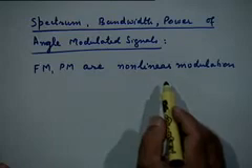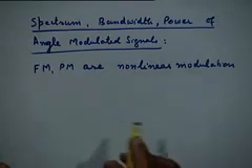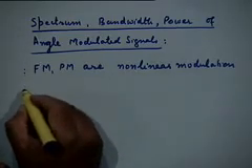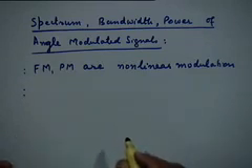So these are nonlinear modulations, and because of that, the exact spectrum calculation becomes very difficult. The message signal affects the modulated signal through the argument of the cosine wave, cosine of some m(t) or cosine of the integral of m(t).